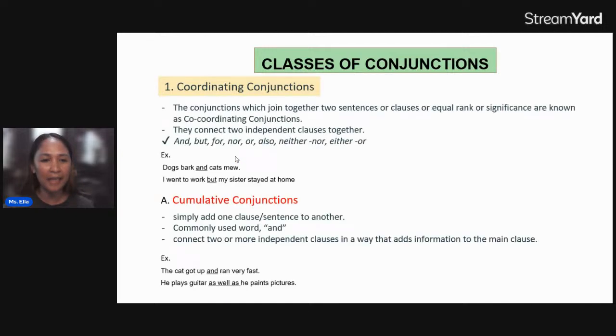So for cumulative conjunction, add one clause or sentence to another, which only gives or adds information to the main clause. It doesn't contrast, or put two alternatives, or make assumptions or conclusions. It's just that it adds information to the main clause.